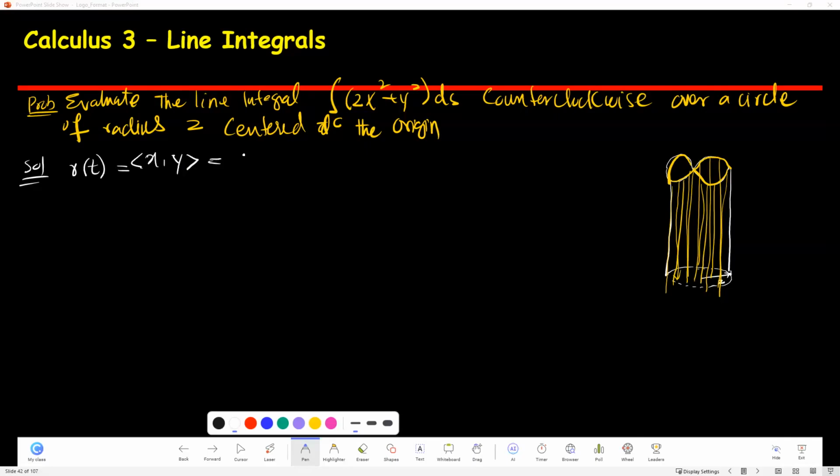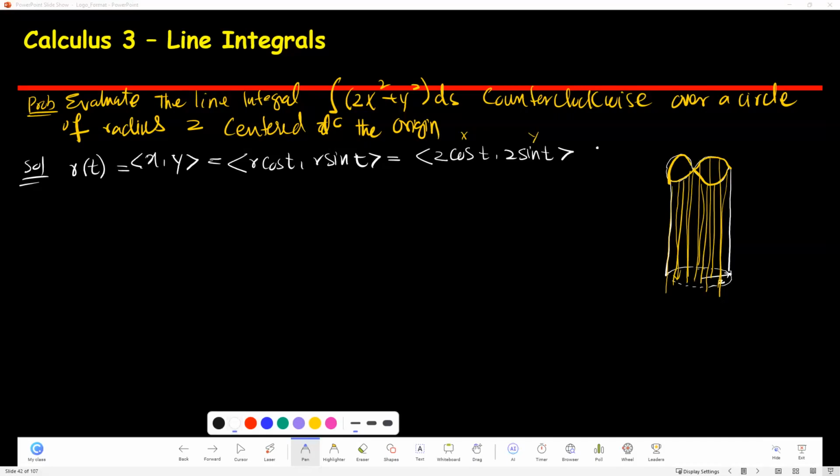It can be written like this: R cos t, R sin t. So I can write this as 2 cos t and 2 sin t. That is my x, that is my y.